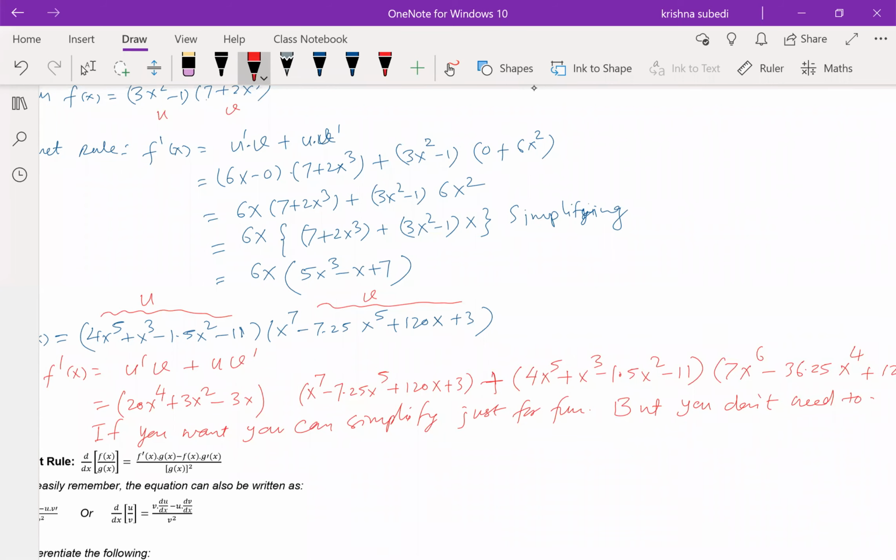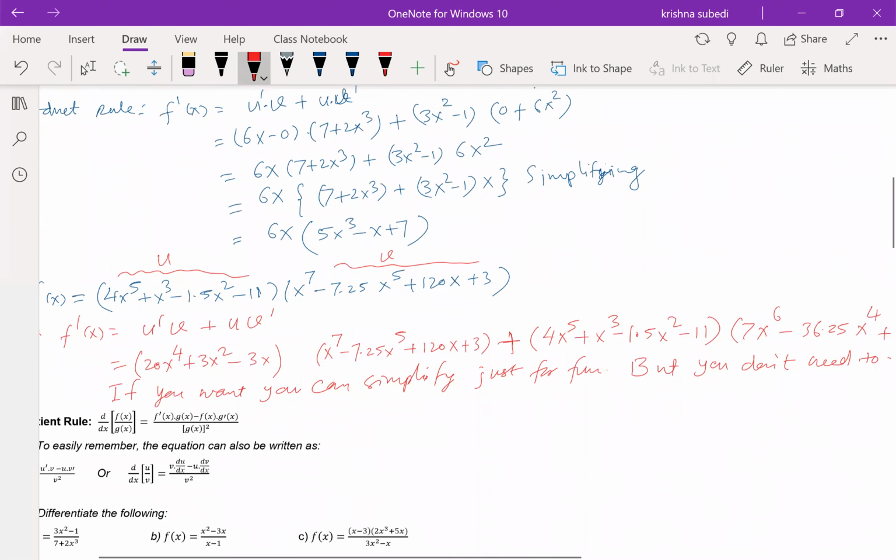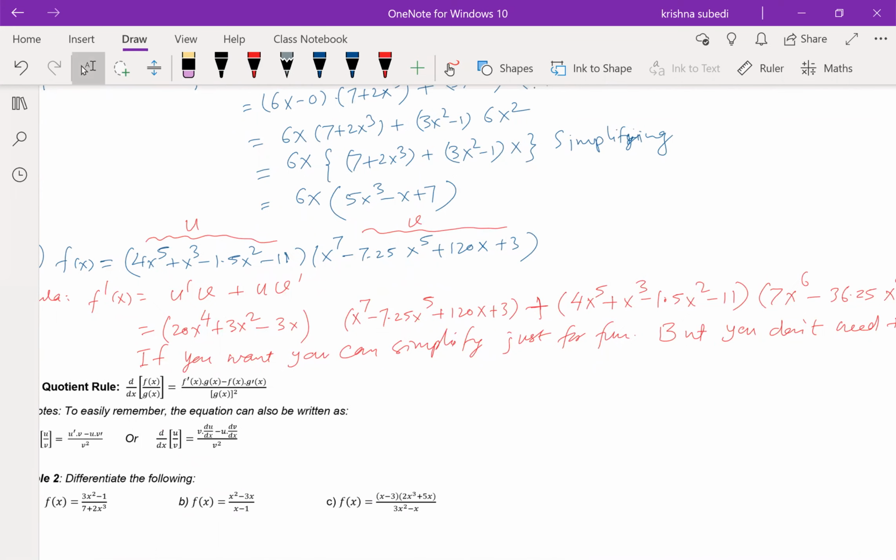Just keep that in mind. If it is a simple expression like in example 1, maybe you may want to simplify a little bit, but when you have this kind of expression, that's just ugly, so you don't need to do it. Just leave it there.